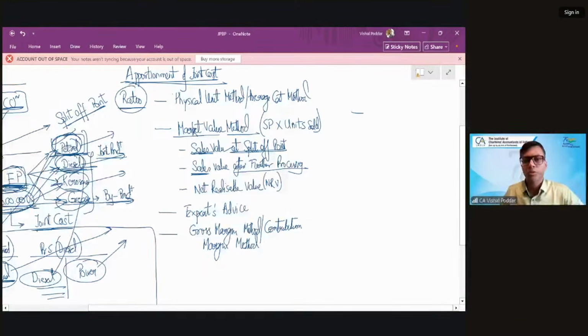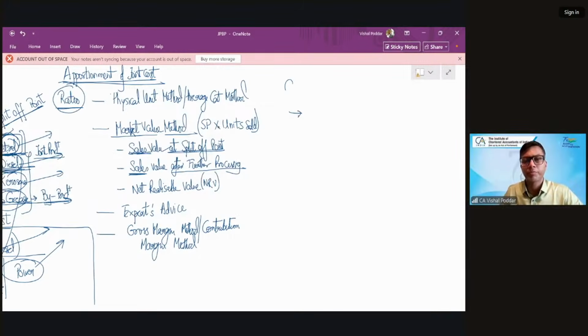The first question that will be asked of you is, they will first ask you to divide this joint cost between the joint products using one of the ratios. So the first thing obviously to be done by you is to divide this joint cost between the products. So first question is apportion the joint cost.